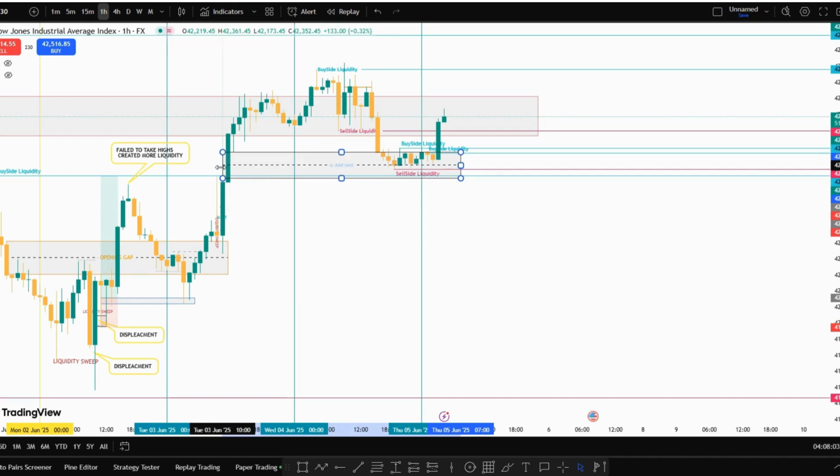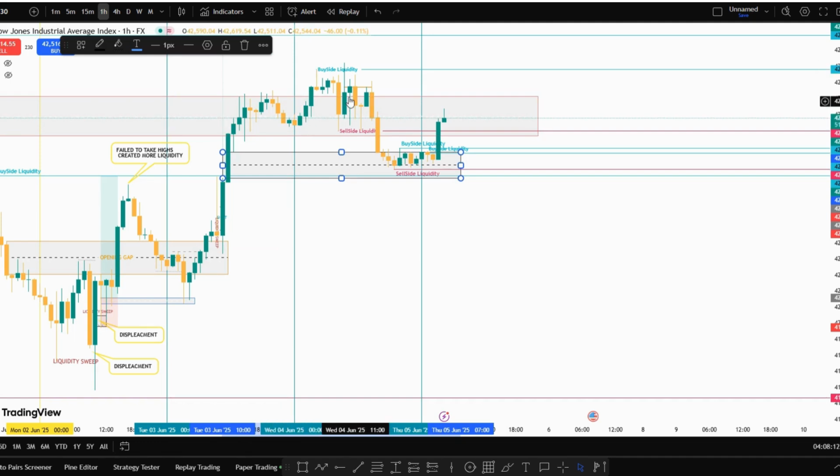We were looking for this 1 hour bearish fair value gap to change its character and be an inversion fair value gap, which price failed at. So it traded through it and back, and it approached a bullish fair value gap on our 1 hour.